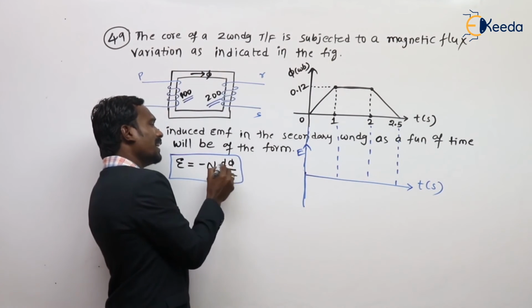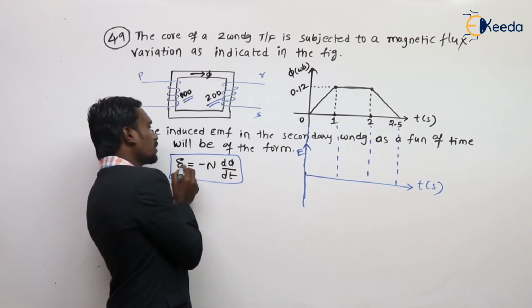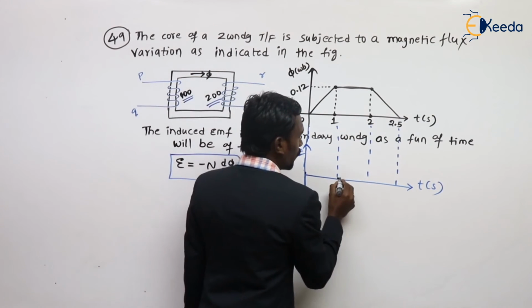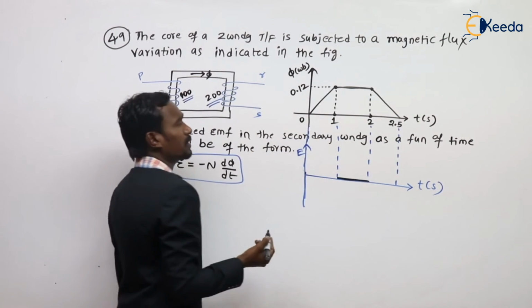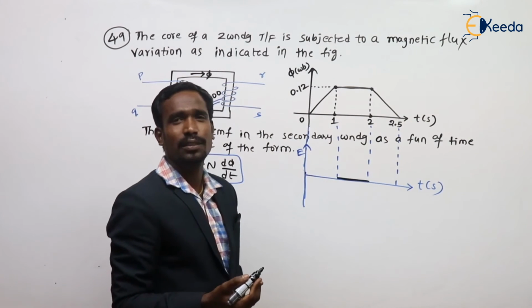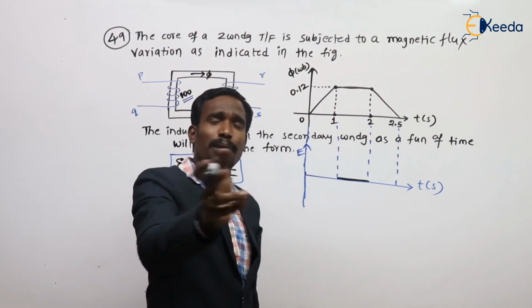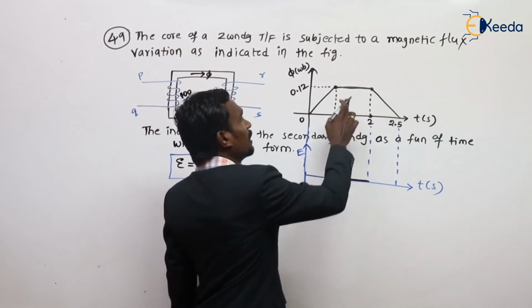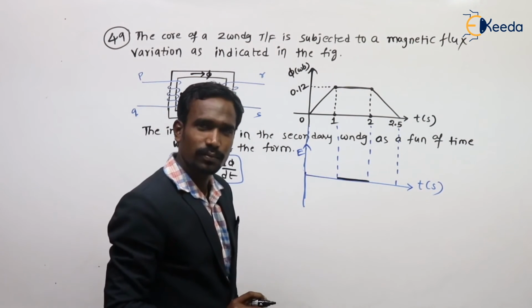Nothing but d phi is 0. If d phi is 0, there is no EMF produced. Because there is no change, no EMF is produced here. If DC supply is given to a transformer, there is no EMF. Like that, this is DC, so no EMF is produced in these intervals.